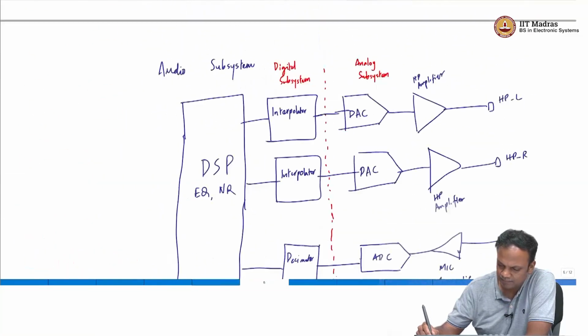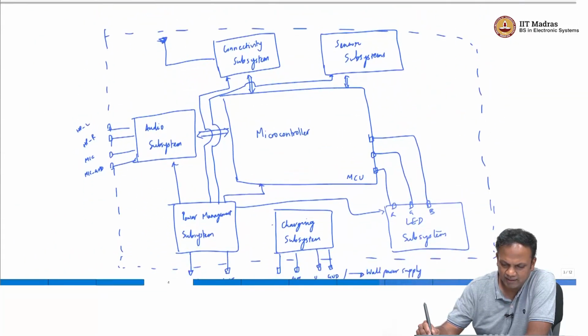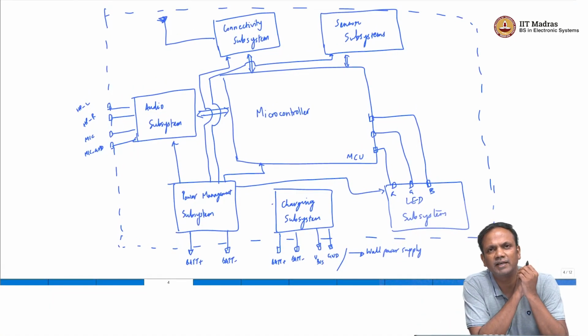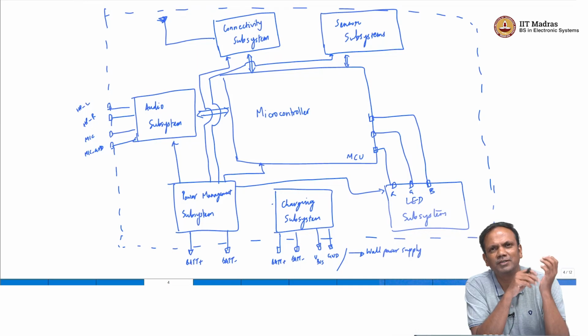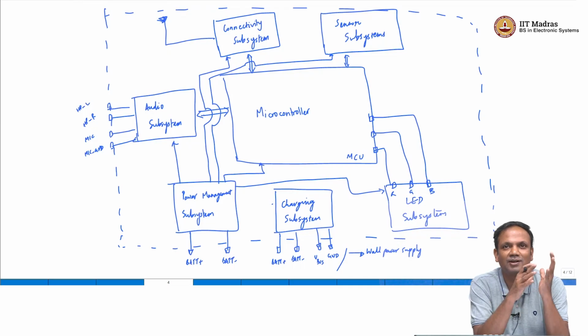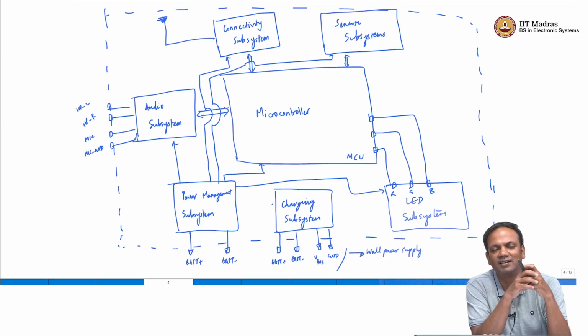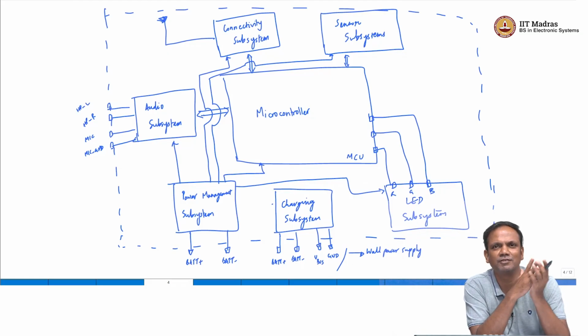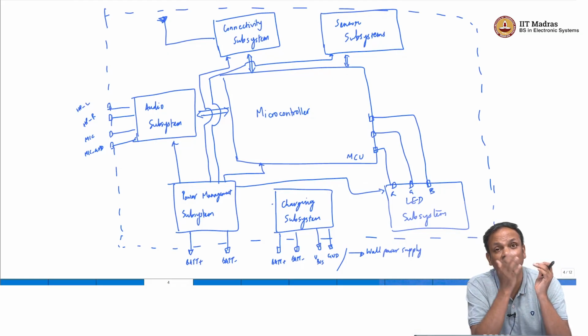We looked at the subsystems, and I think now it is worth looking at how the embedded system engineer should view his or her role, what are the problems they are called upon to solve. So, when we started talking about this topic, we said one of the first things we want to nail is what are the problems that an embedded engineer or an embedded system designer is called upon to solve.